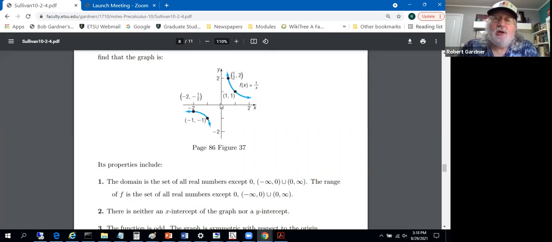Each over and up has a corresponding back and down. This point here, over 1/2 up 2, corresponds to which point? Back 1/2 and down 2. It'd be a point right here. This point corresponds to a point right here in terms of symmetry with respect to the origin. So they haven't drawn corresponding points.